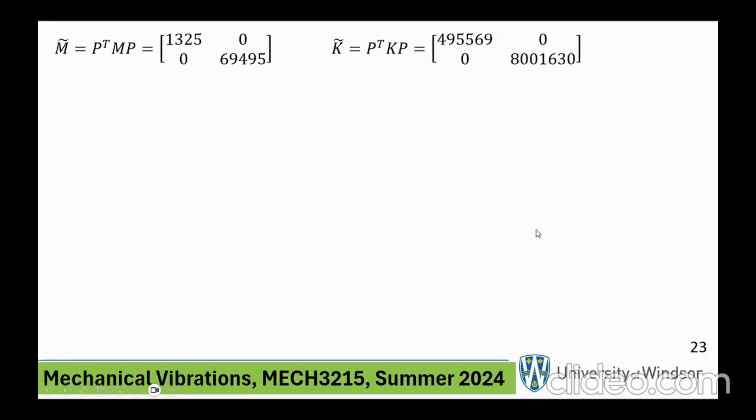And therefore, if I take rounded off, your modal mass matrix is going to be right here, and your modal stiffness matrix is going to be there. Please realize that you cannot get these things by physical argument or intuition. You just have to work it out. There's no other way.